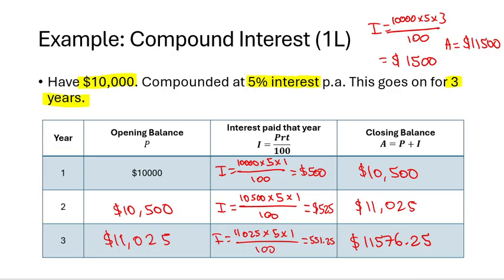Now it doesn't seem that grand now, but the more you compound, the more you actually get in return. So that's why the saying is compound interest is always better than regular interest.